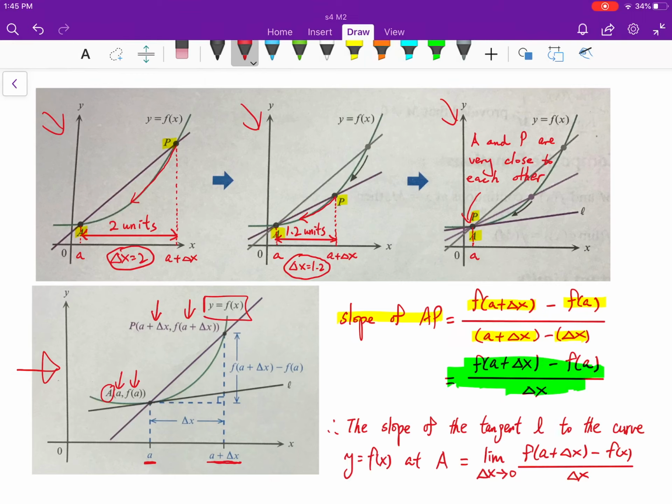It keeps on approaching, and in the third case, A and P are very close to each other. What is delta x? It is a very small number, so we treat it as tending to 0.